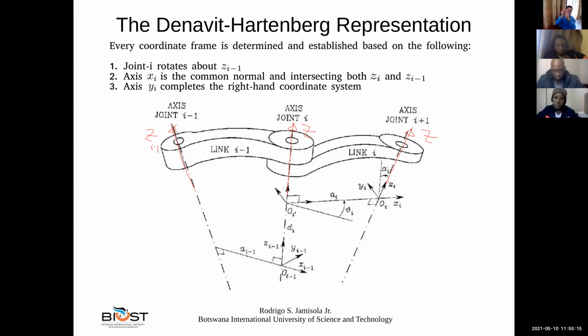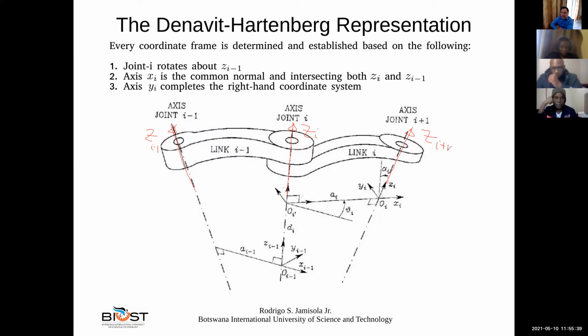So it will rotate and bring the link with it. Now this is Zi, and this Zi is the rotation axis of joint i+1. So that's the first convention.